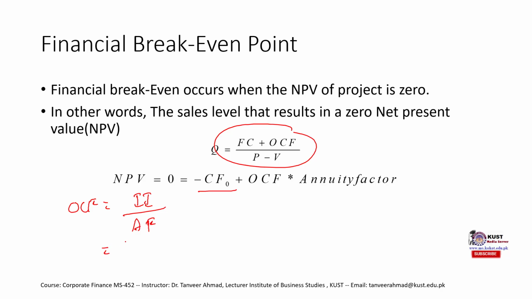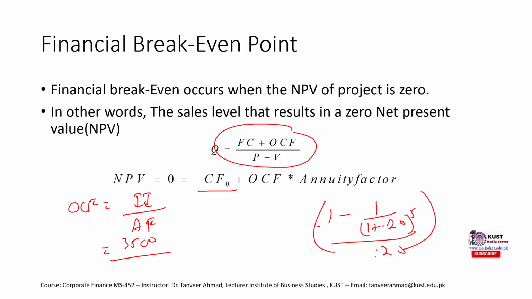Initial investment in the previous example was 3,500, and the annuity factor for 5 years would be 1 minus 1 divided by 1 plus 0.20, because the required rate of return was 20%, raised to power 5, because this project was for 5 years. We find the annuity factor, which would be 2.9906.